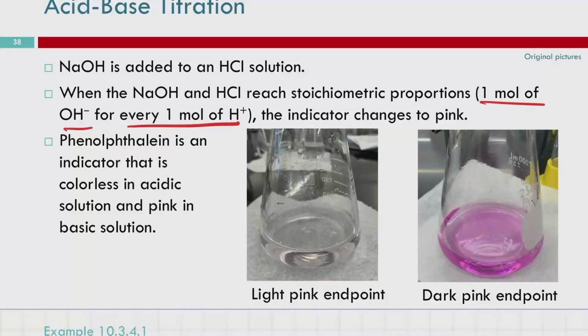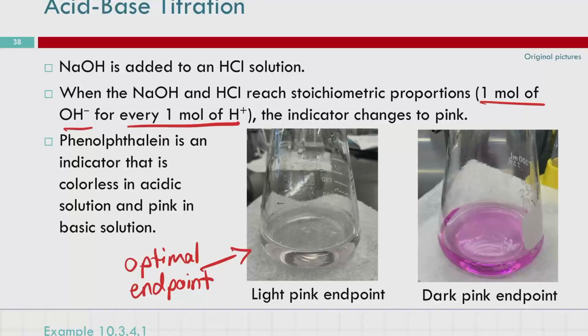Ideally, we would be stopping at this light pink endpoint. We don't add very much of the phenolphthalein, and so it's pretty easy to just breeze past this light pink endpoint and go to a dark pink endpoint. Once it hits this dark pink color, it will not get any darker.